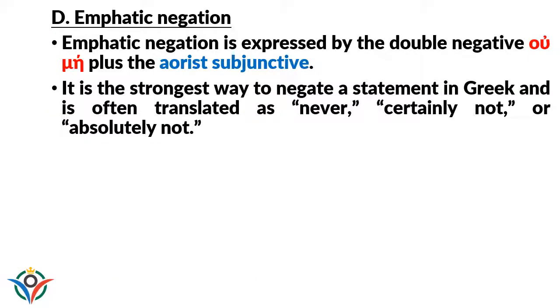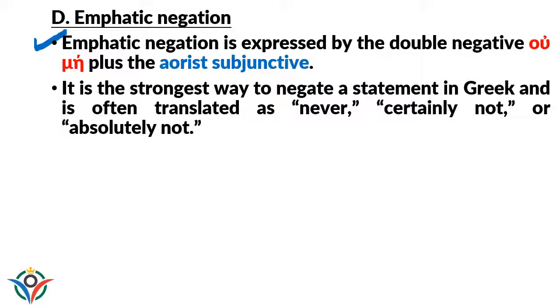And then the last use of the subjunctive is one that we've already done. We covered this in the previous lesson, so this is essentially just a bit of revision. Just remember that the emphatic negation is expressed by the double negative ou me. Ou is a negative particle that is always found with the indicative mood, and me is a negative particle that's found outside of the indicative mood.